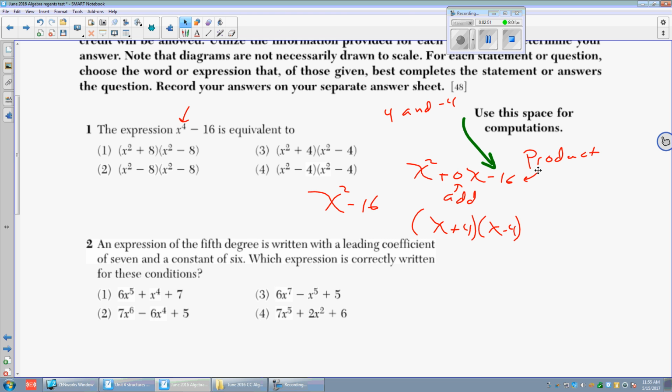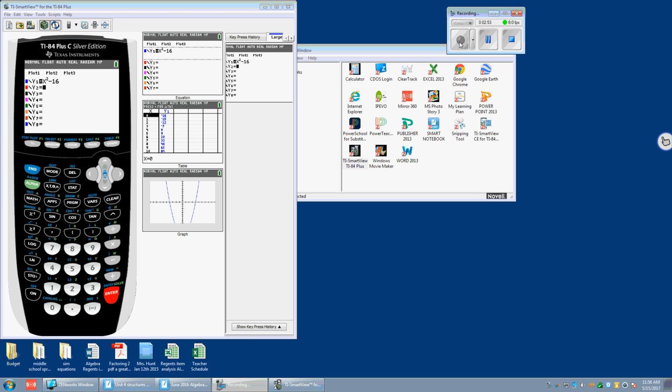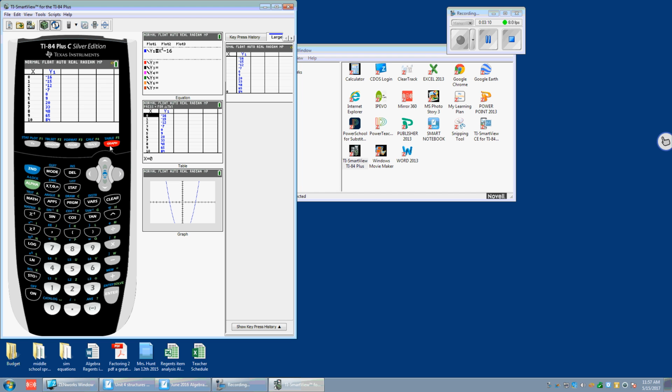How can I use my calculator? So what you can do is you can type in x squared minus 16 after you're hitting the y equals key, and then we can take a look at the graph and say, it crosses at negative 4 and positive 4. Those are the zeros. Confirm it on the table. Confirmed on the table.